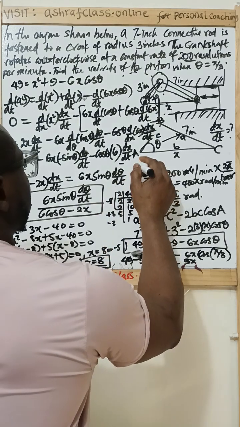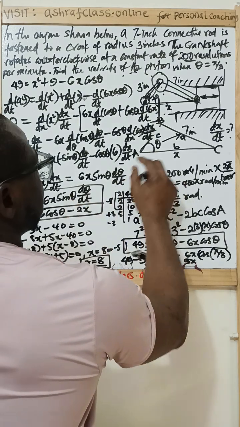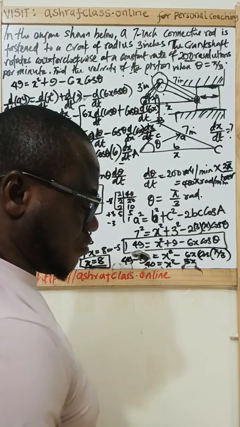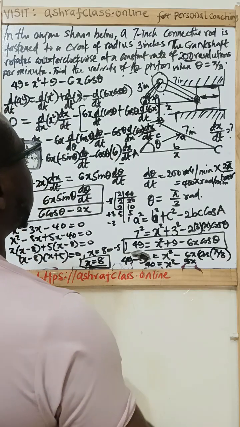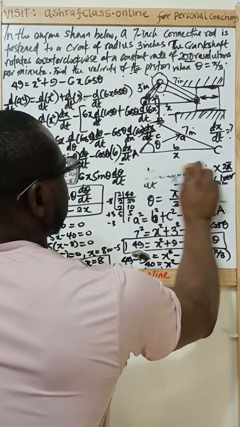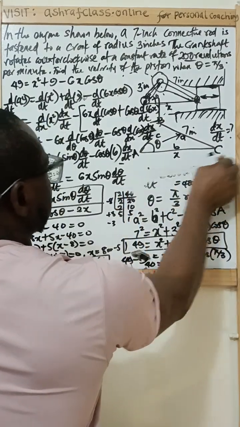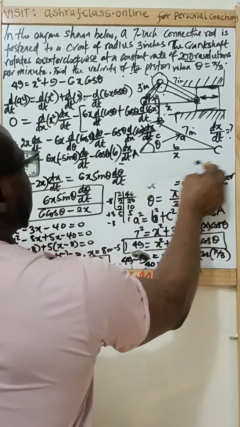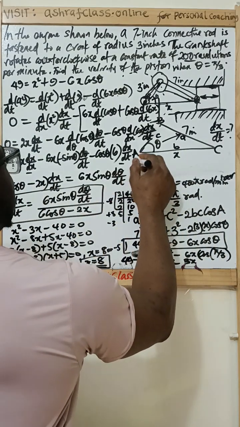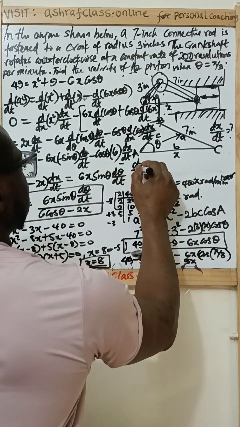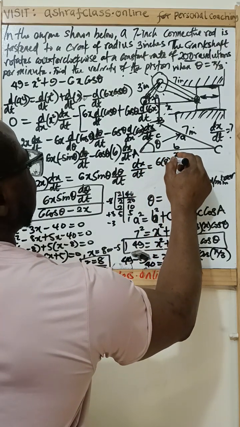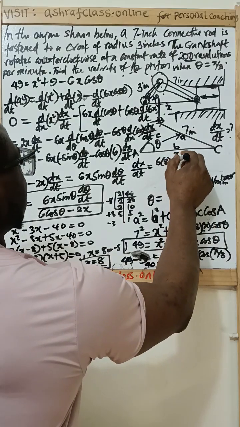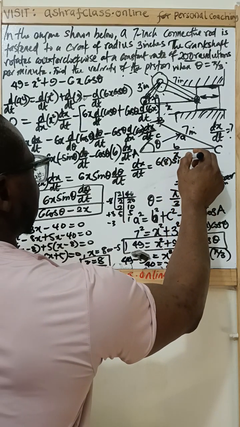And when we put those values, so our dx dt is going to be 6 into 8, then sine pi over 3, which is sine 60, right?